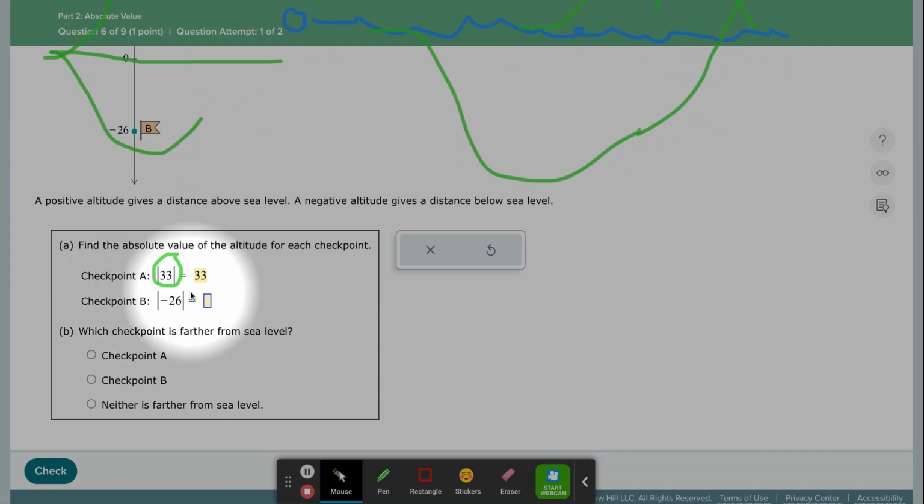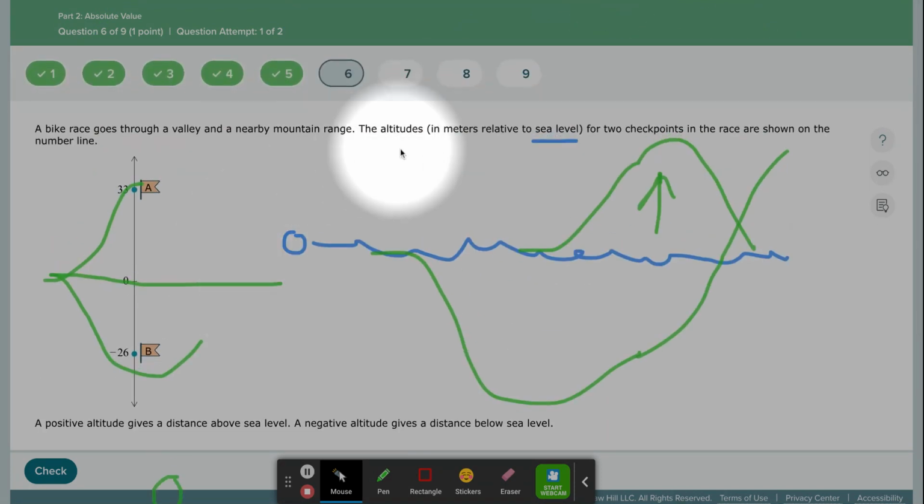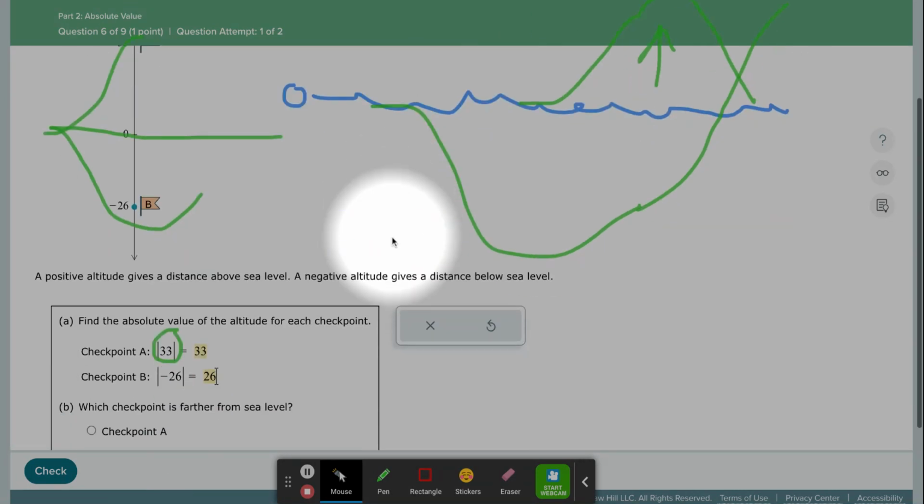So that's the way to show your absolute value, with these goalposts. How far were they from sea level, or how far from 0 on a number line? They're 26 hops, or you could even say 26 meters in this situation.